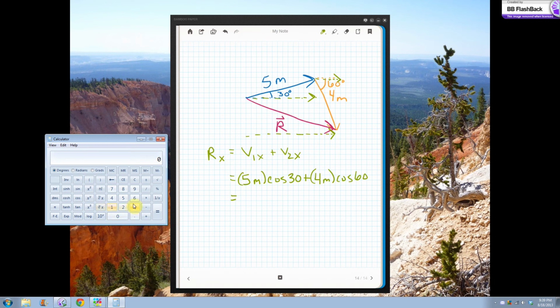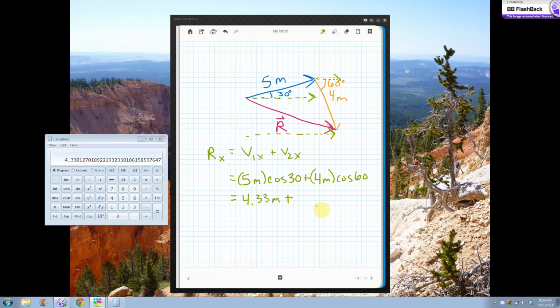So this one makes me do like 30 and then cosine, and then that's the cosine of 30 times 5. Okay, so that'll be 4.33 meters plus, oh, hello. There it goes. Sorry, my computer got stuck.